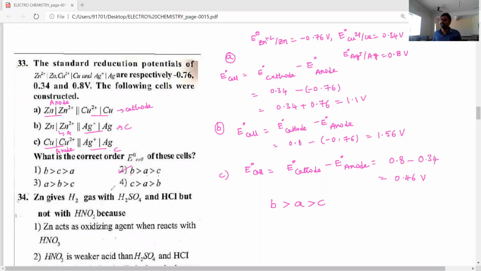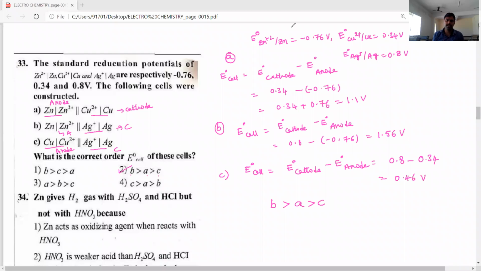If the oxidation potential of the anode and the reduction potential of the cathode are given, then we have to add both, and the resultant value is the electromotive force of the cell. In this question, all reduction potentials are given, so the electromotive force of the cell is cathode minus anode, meaning right hand side minus left hand side.